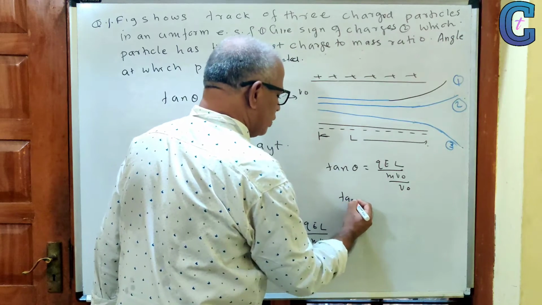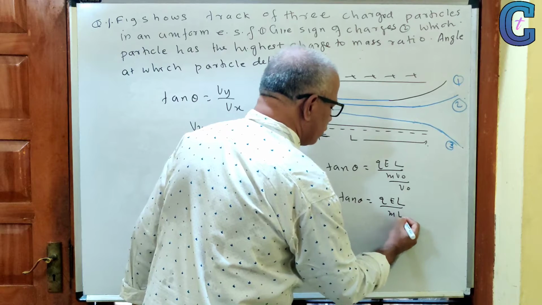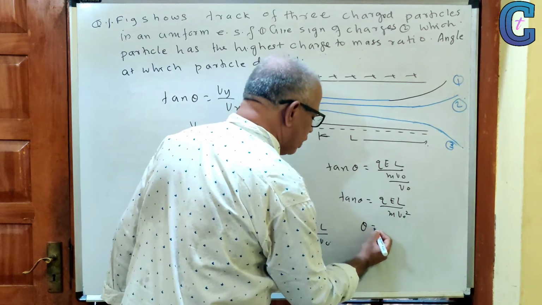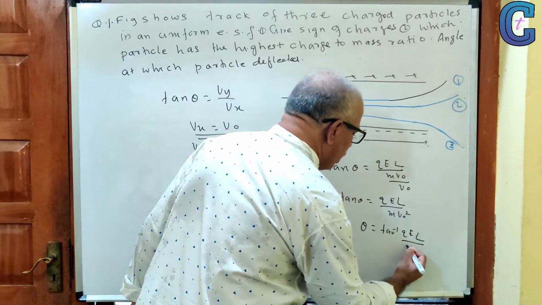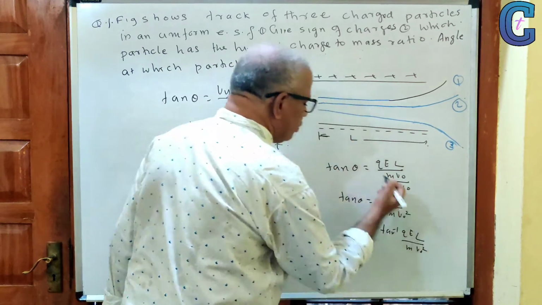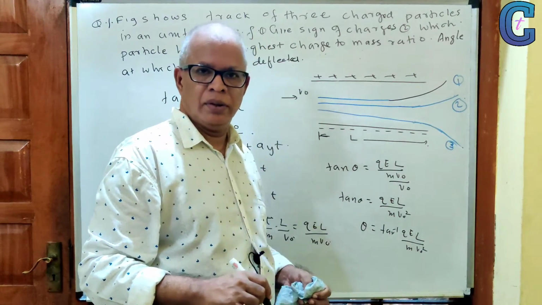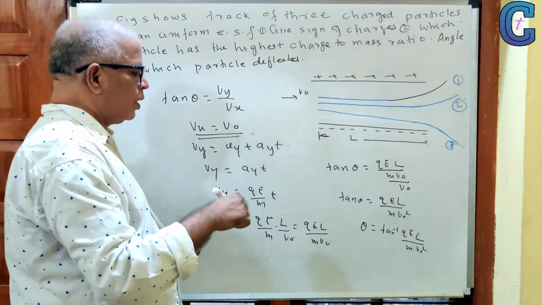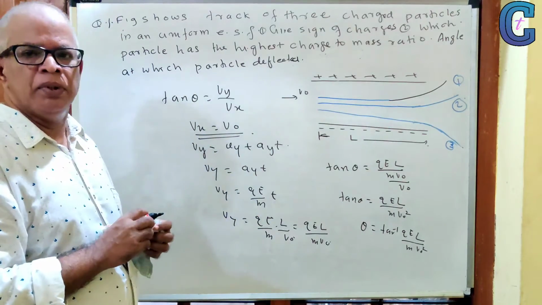So tan theta is equal to QEL by M v0 square. This is the angle of deflection. Theta is tan inverse of QEL divided by M v0 square. Here also it depends upon the Q by M ratio. E, L, v0 are constant. So deflection depends upon the charge to mass ratio. The one with maximum Q by M has maximum deflection.